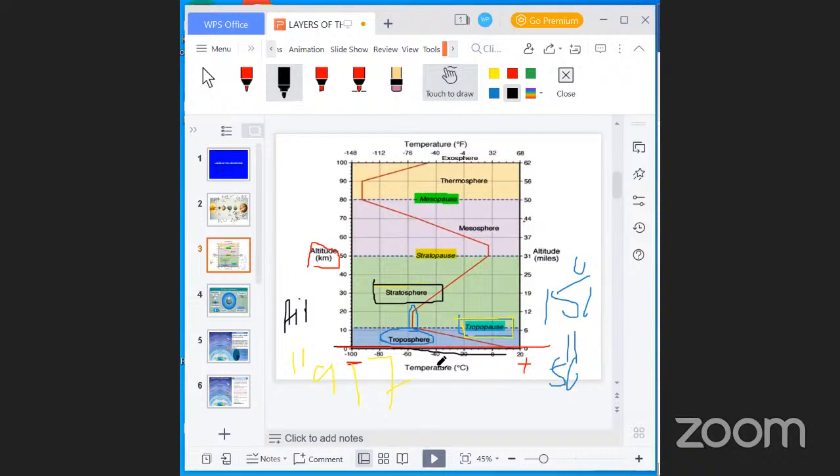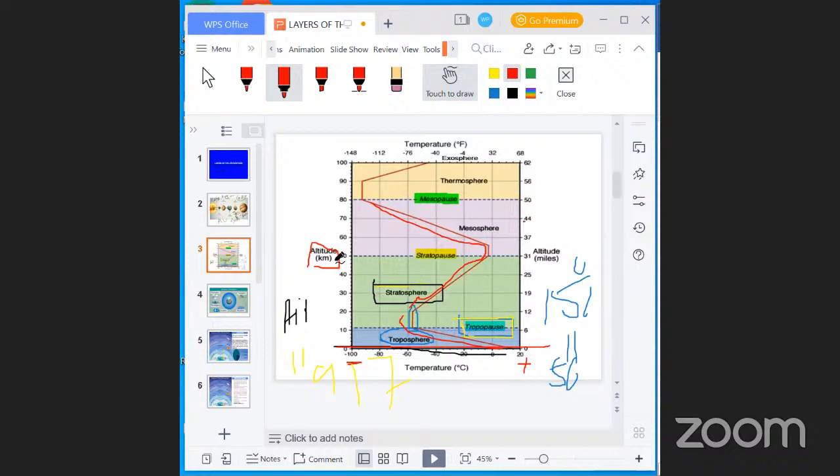So here, the first stop, we learn about temperature variations of the layers, right? What you observe here is this red line. This red line shows how temperature varies across the layers, with temperature on one axis and altitude on the other.